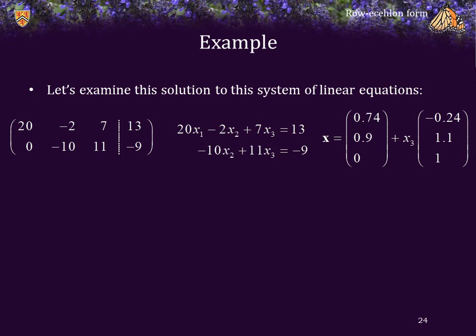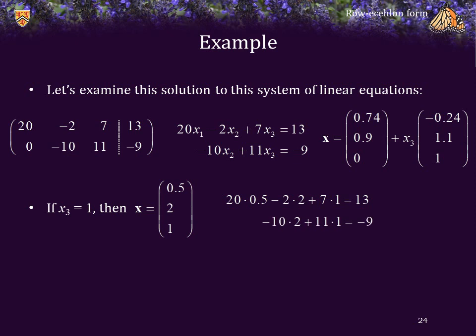So, for example, if x3 is equal to 1, then the vector 0.74, 0.90 plus 1 times that second vector is equal to the vector 0.5, 2, 1. Now, if we substitute those three values for x1, x2, and x3 into the first equation, we get 20 times 0.5, which is 10, minus 2 times 2, which is 4, so 10 minus 4 is 6, plus 7 times 1, so 6 plus 7, yes, that is indeed equal to 13.